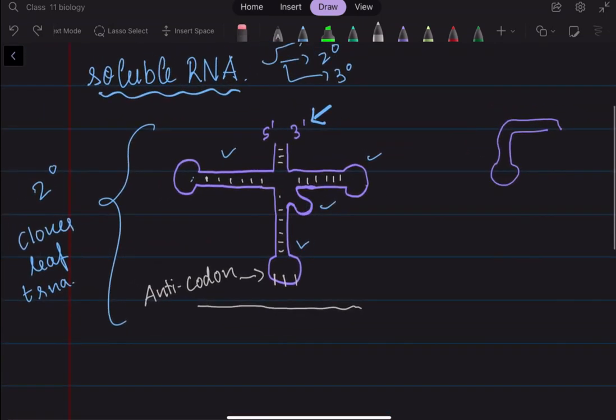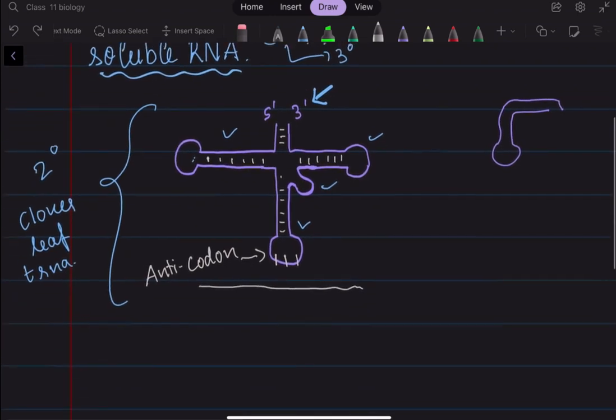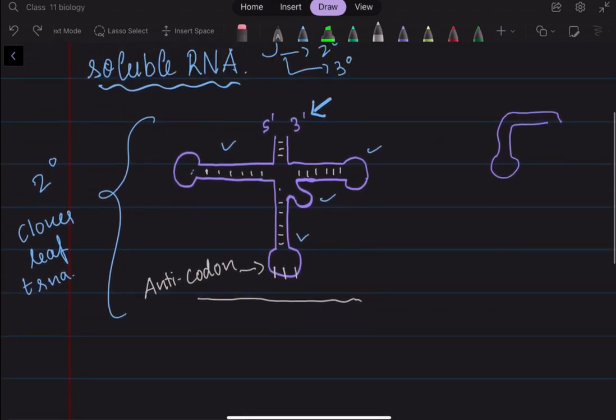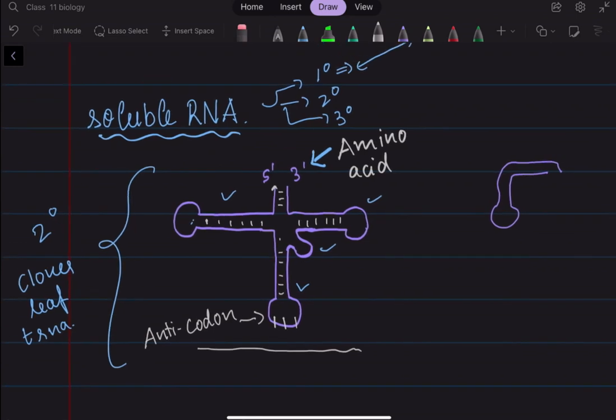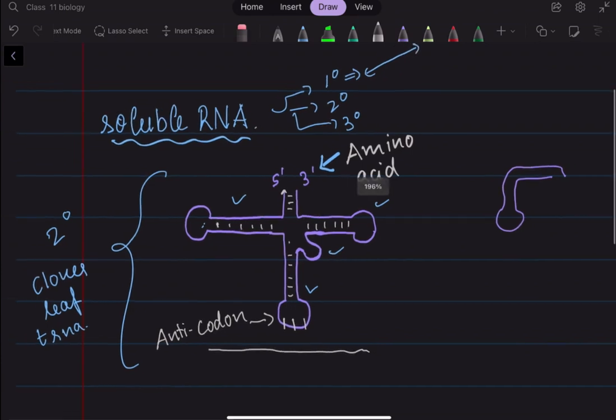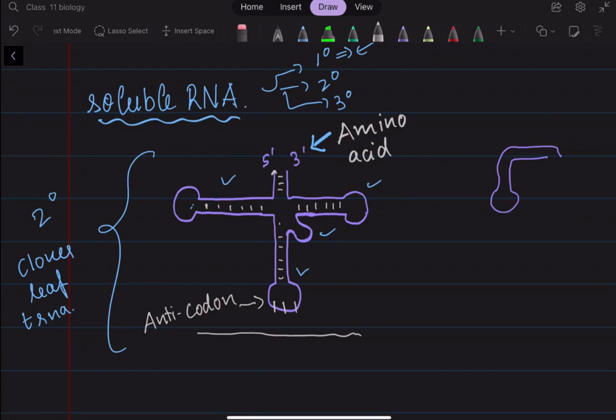In this secondary structure of the tRNA molecule, we see the 5' end starts here and it moves till the 3' end. As we discussed the function of tRNA, it basically reads the mRNA code and brings the required amino acid to the ribosomal complex during protein synthesis for the formation of the protein.